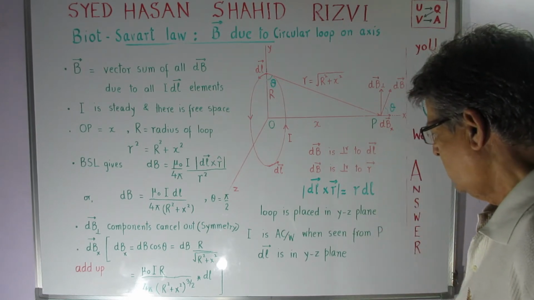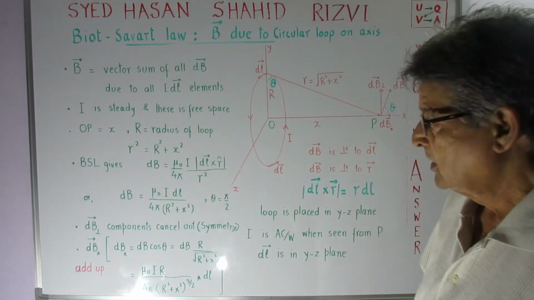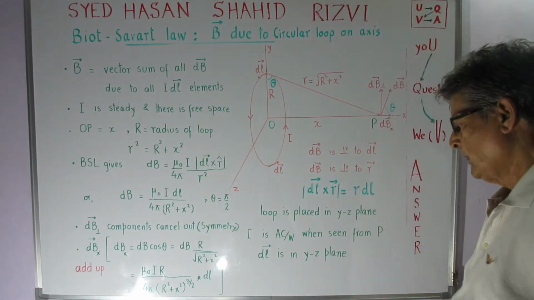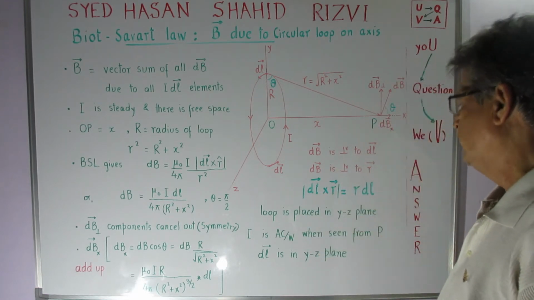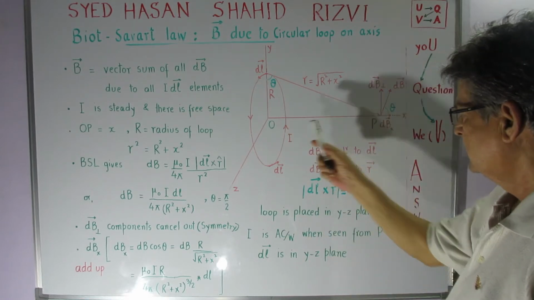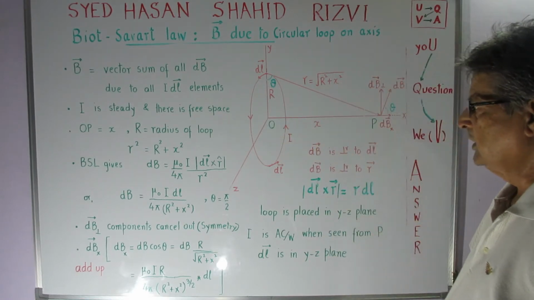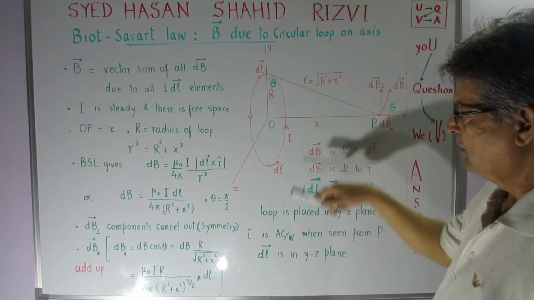If I see from the other side, the same will become clockwise. So I'm looking from this point P, which is at a distance x from the origin of this circular loop.